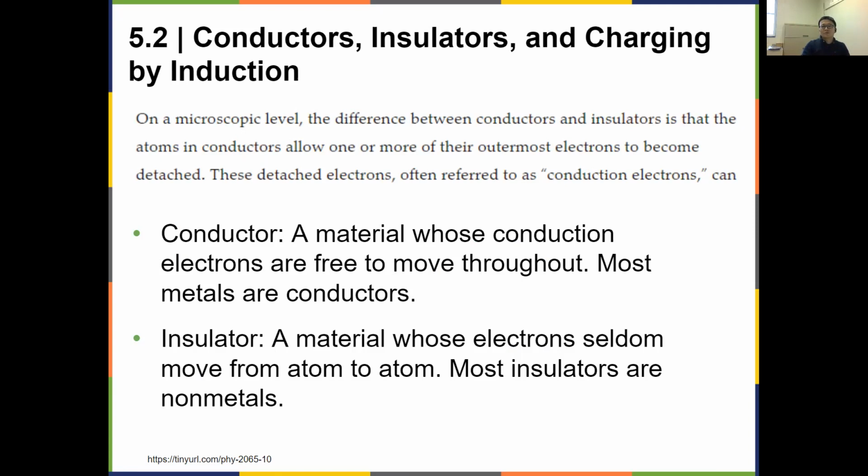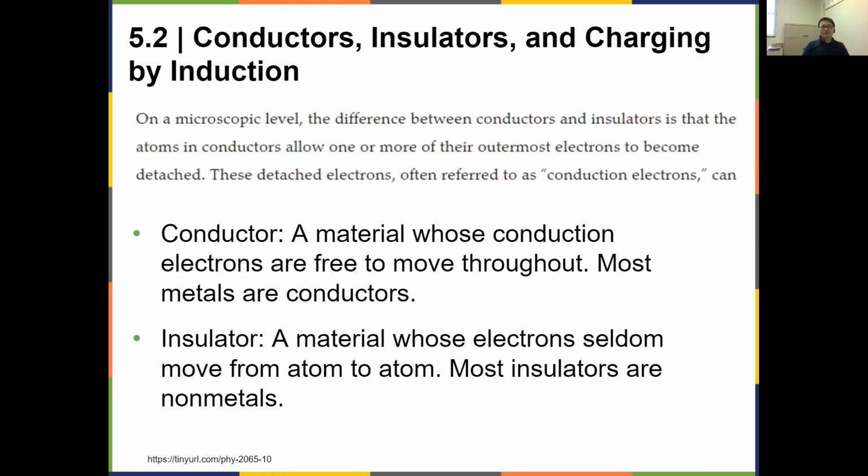In chemistry, you learn that electrons are orbiting the nucleus in different orbitals, right? Some are closer to the nucleus, some are further away, so different layers, or what we call different shells. An insulator is the other way around.